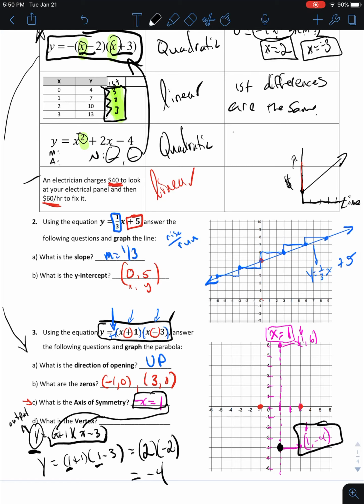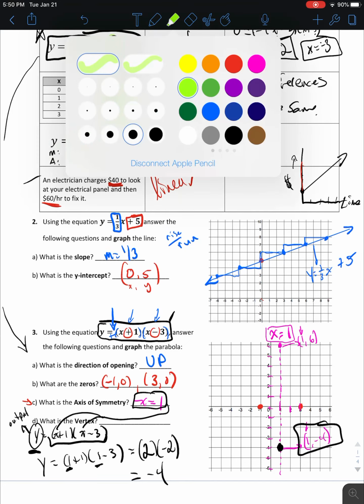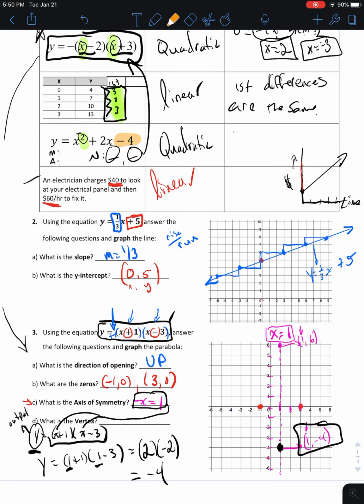There's my vertex right there, (1, -4). And once I have that, this question's basically over. We could ask you for the y-intercept, but we didn't in this question. The y-intercept, you recall, is from the c value.